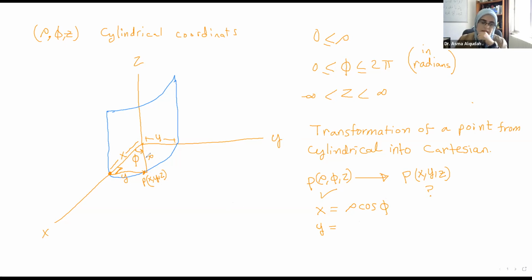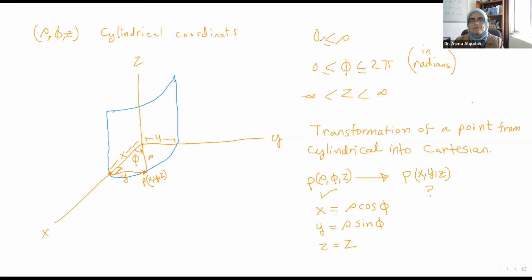We say that rho sine phi is equal to Y, and Z will stay the same. So the Z in the Cartesian is the same as Z in the cylindrical. So this is how we transform a point from the cylindrical system into its equivalent in the Cartesian system.